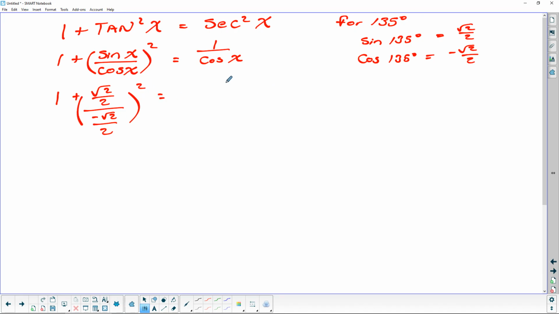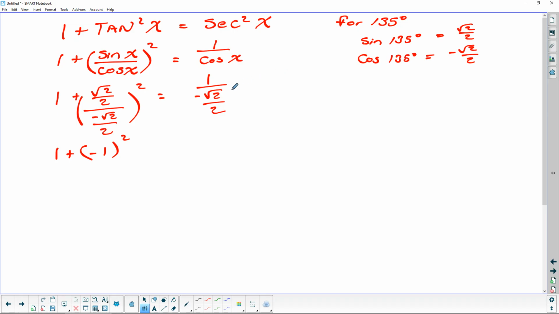And cosine is 1 over negative root 2 over 2. Okay? 1 plus negative 1 squared, right? That's just 1. Negative 1, something divided by itself.